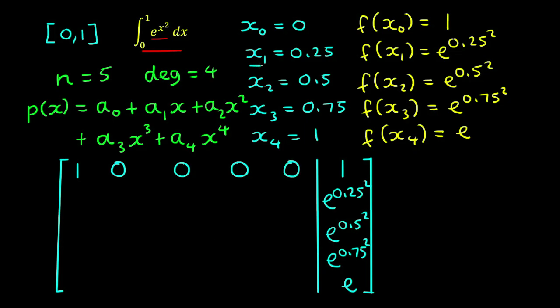And we use x1 in our second equation. So we have a0 by 1, a1 by x, which is 0.25, a2 by x squared, so we have 0.25 squared, a3 by x cubed, and a4 by x to the 4.